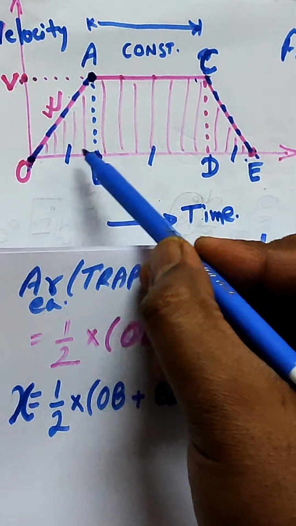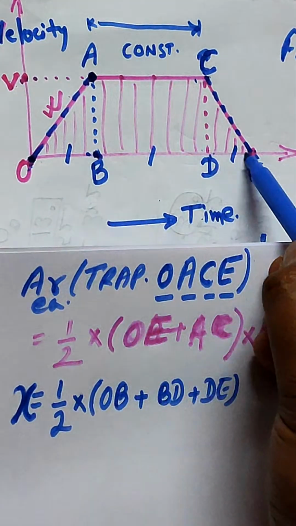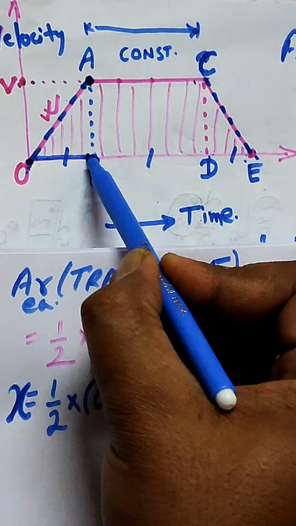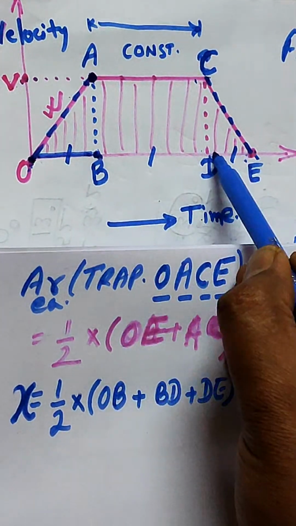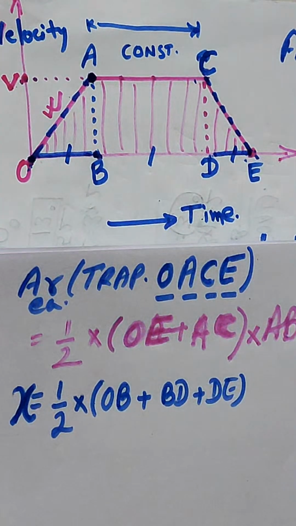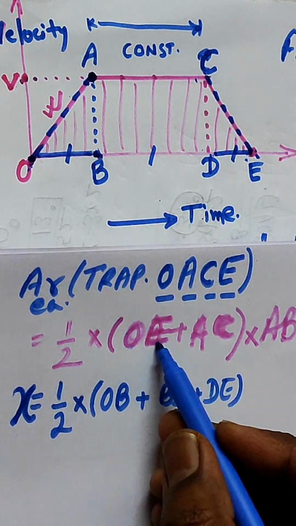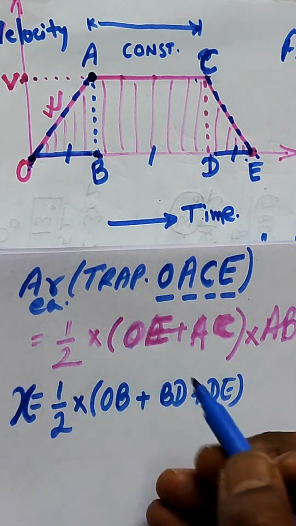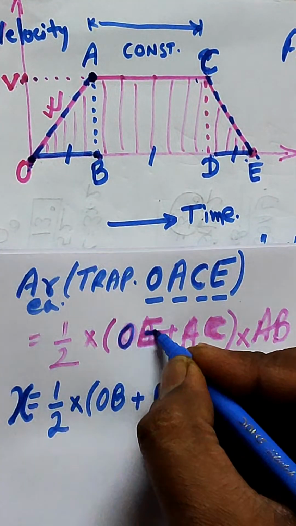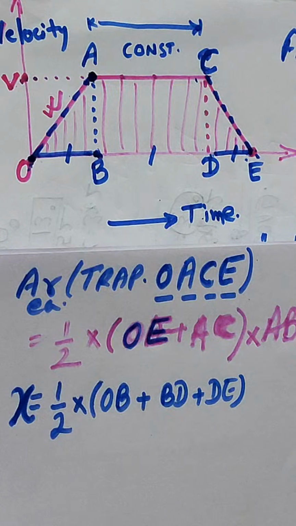I mean to say O to B, then B to D, then D to E. These three portions will give you the value of OE, right?